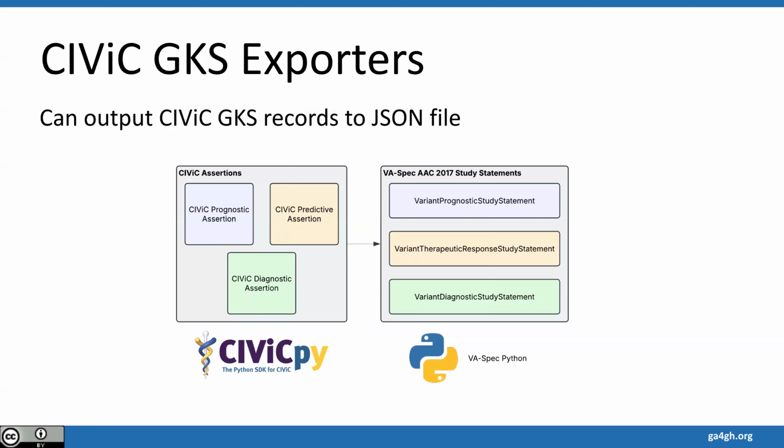This is the Python reference implementation for VA spec, which is primarily used for creating Pydantic classes for validation, and it supports all the classes in VA spec. This allows us to inherit the corresponding Pydantic models to ensure that we're representing the community profiles correctly. There's also functionality to write these records to a JSON file, which will be used later in the GKS ClinVar tool. Next slide.